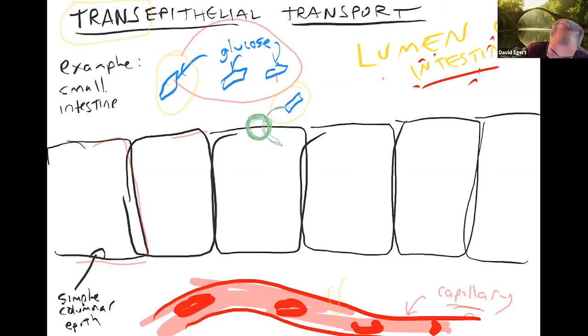That couples the glucose to the movement of sodium. So glucose only comes in if there's sodium. It's going to be driven by a sodium gradient.